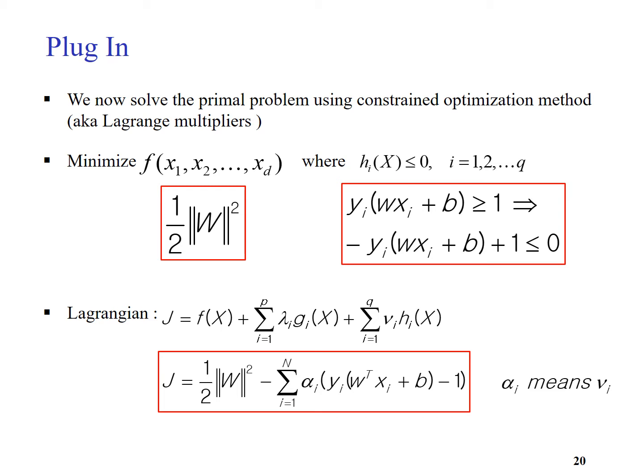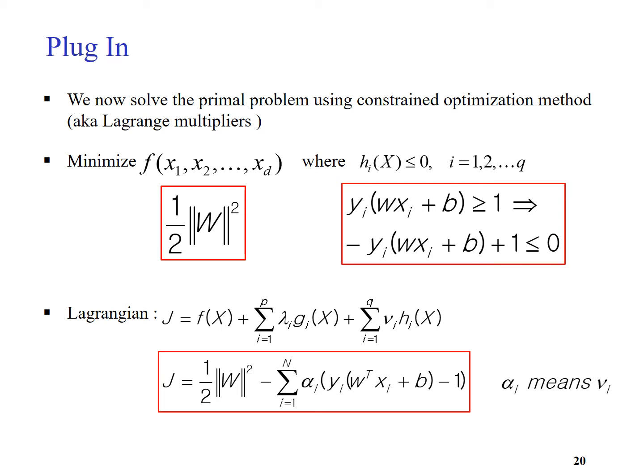By changing this problem to the dual problem, we have the capability to process nonlinear cases. We're going to talk about this dual problem a little later on. Anyway, what we're going to do here is change the primal problem to the dual problem using the constraint optimization method.